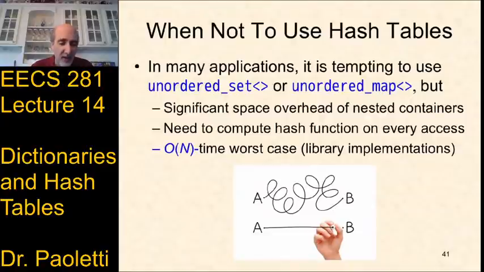So for instance, if my key was integers in the range 0 to n, could I use a hash function? Sure. What would be better? A vector. A vector has a faster operator square brackets than a hash table. They could both use numbers in the range 0 to n as a key, but the vector would be better because it's faster.